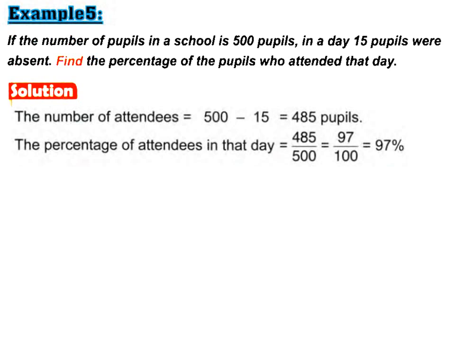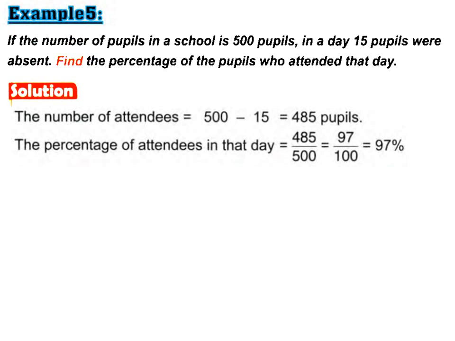Again, I get the attendee pupils equal 485. I must know the representation of this number from the total number 500, so I will divide it by 500. 485 over 500, and I must convert it into a percentage. By using reduction, I divide up and down by 5.